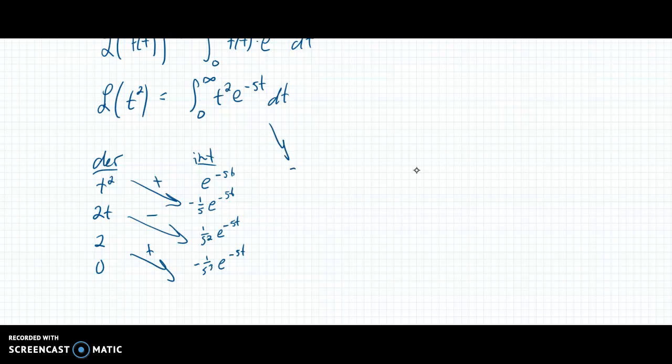So this integral is equal to the product of those first two: negative t squared times 1 over s, e to the negative st. The next one is going to be minus again, 2t times 1 over s squared, e to the negative st. And then the last one is going to be minus 2 times 1 over, actually I'll write that as 2 over.